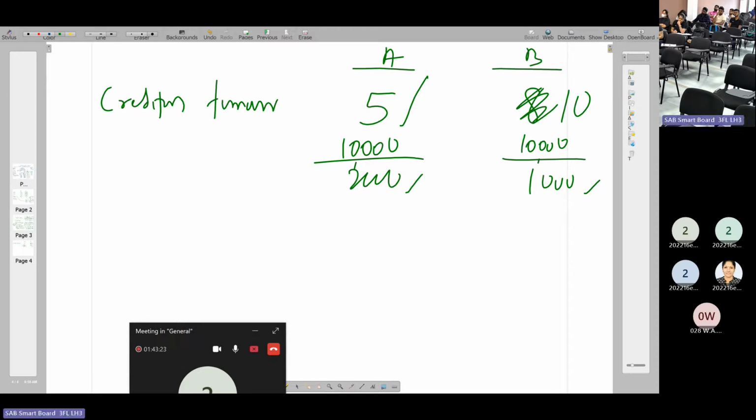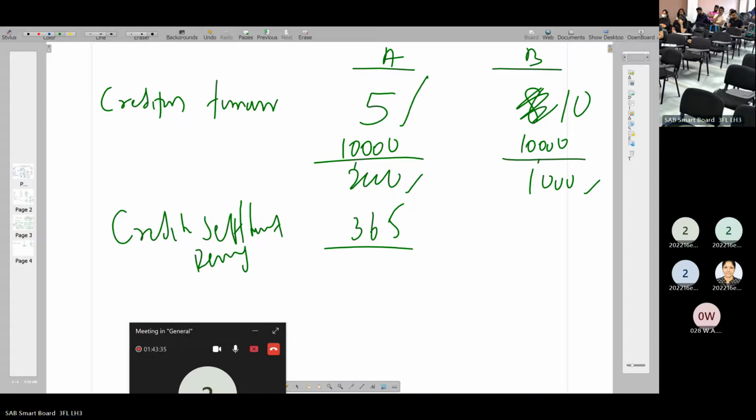Creditors settlement period is 365 divided by the creditors turnover ratio.